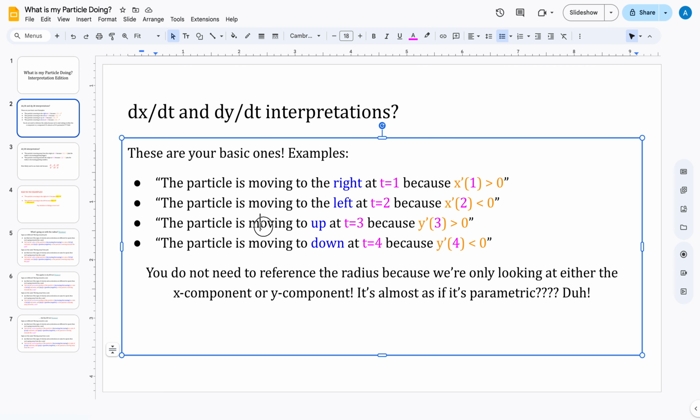Same thing with dy/dt. Are you moving up or are you moving down? In this case, we don't need to reference the radius because we're only looking at the x component, y component. So anytime you have dx/dt, dy/dt, it's either the x component or y component. Just your basic PVA.